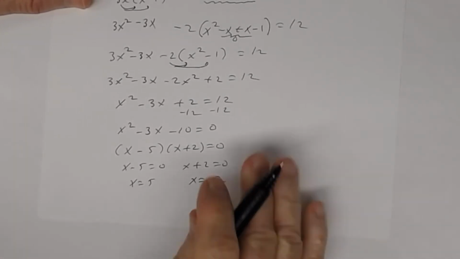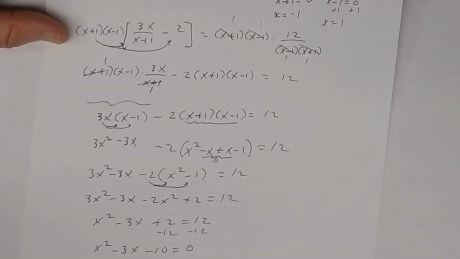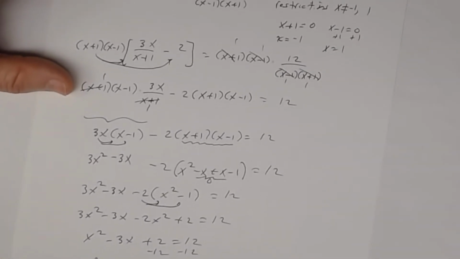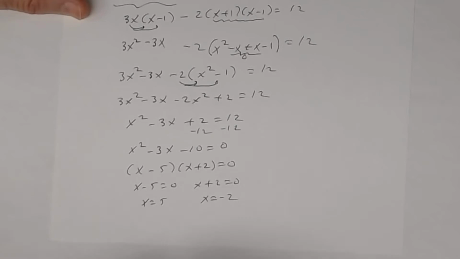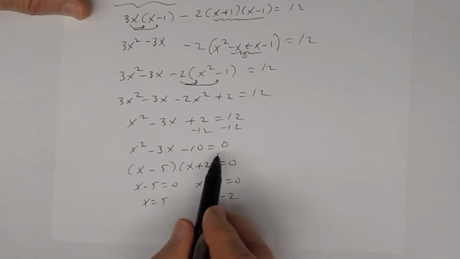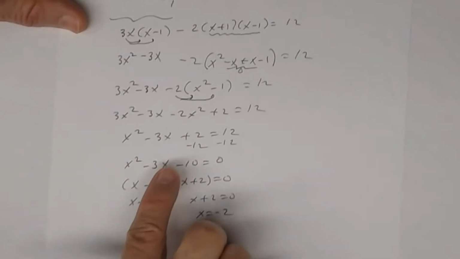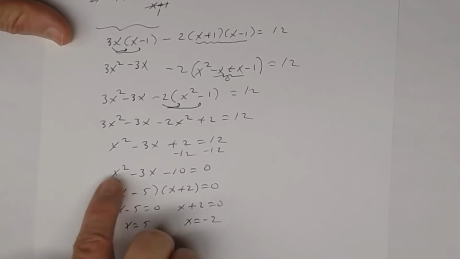Now be careful. Remember, you found some restrictions earlier. There's a reason for that. Notice this equation is a rational equation, but the solutions to this equation came from a quadratic equation. That equation looks different than this equation. They're not the same. This is rational, this is quadratic.